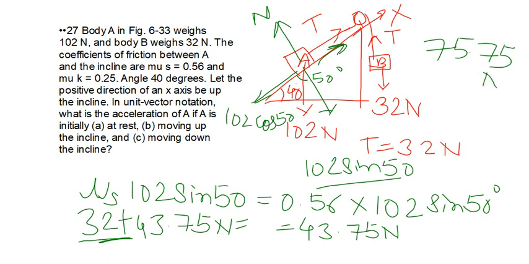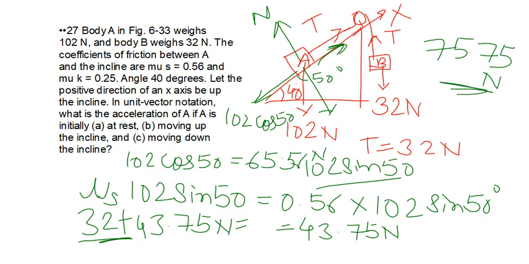Now the component along the plane, 102 cos 50, is equal to 65.56 Newton. So this force is less than 75.75. So the block will not accelerate at all. So the acceleration becomes 0 when initially it is at rest.